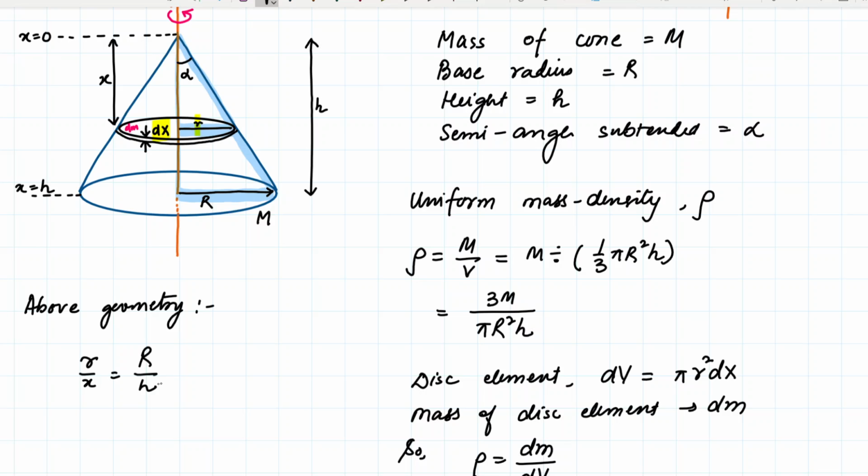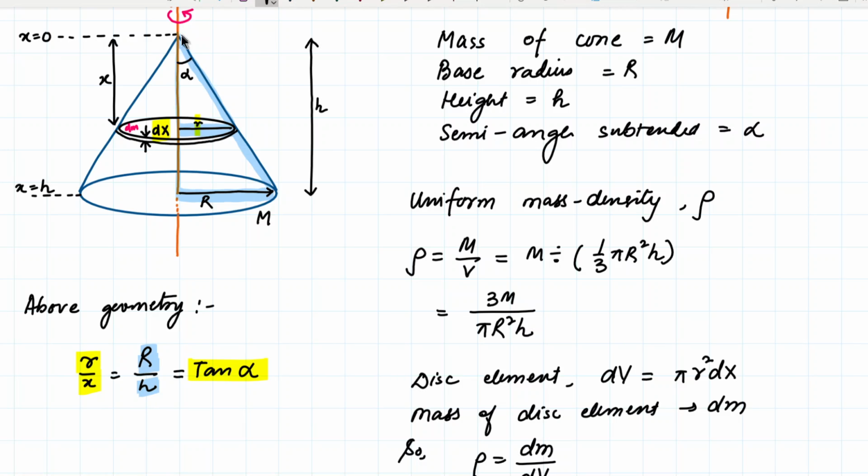This can be seen from the similar triangles theorem, or from the fact that tan alpha can be written as r upon x, or as capital R upon h in both these two triangles.